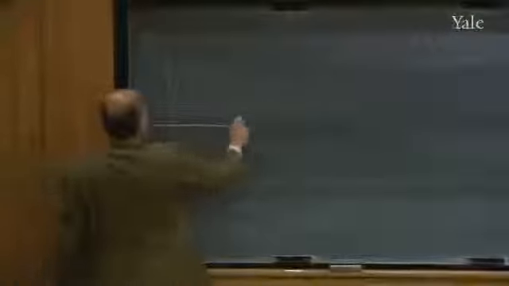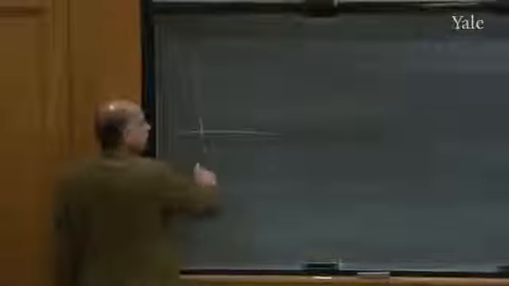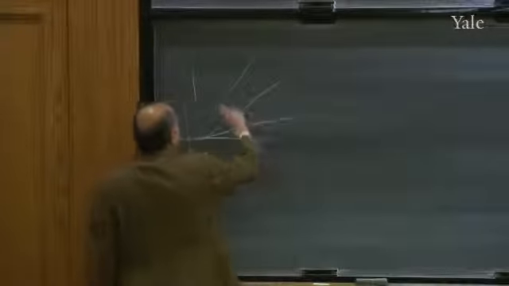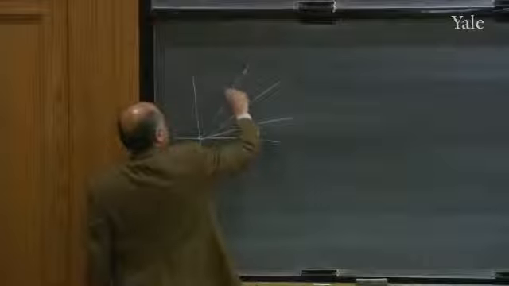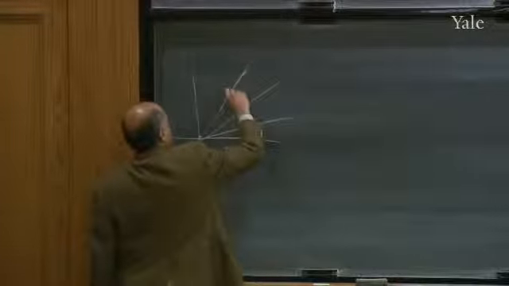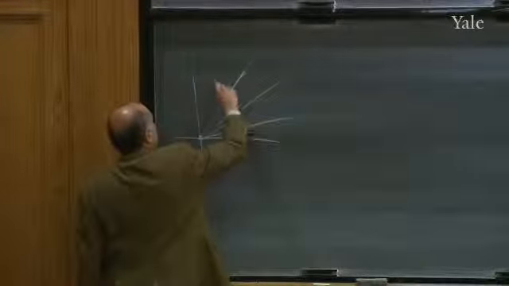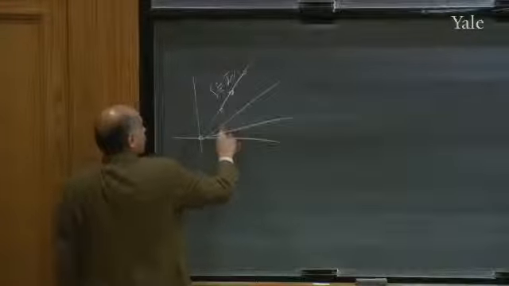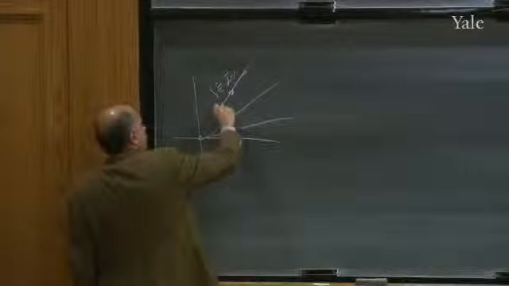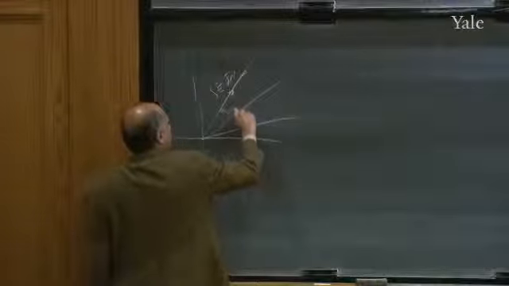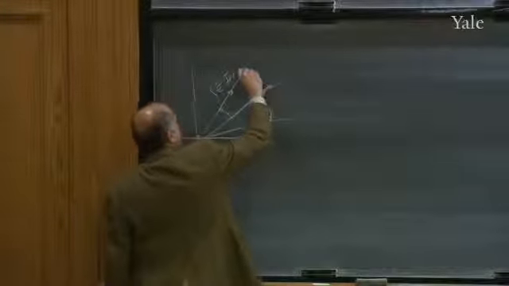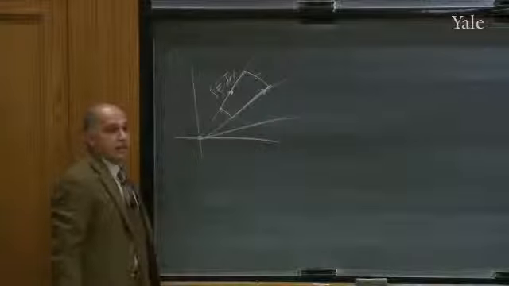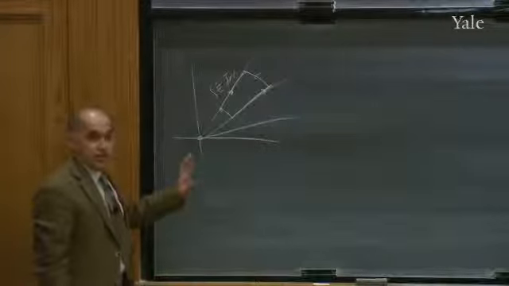Remember what I said. I said that's a potential due to a point charge. These are different lines of the electric field. Let's say you want to go from here to here. You do some work, E dot dr, along this line. The claim was that's the same work you do if I take another path that looks like this. Go this way, go that way, and go that way. Same work, and that's still a correct statement.